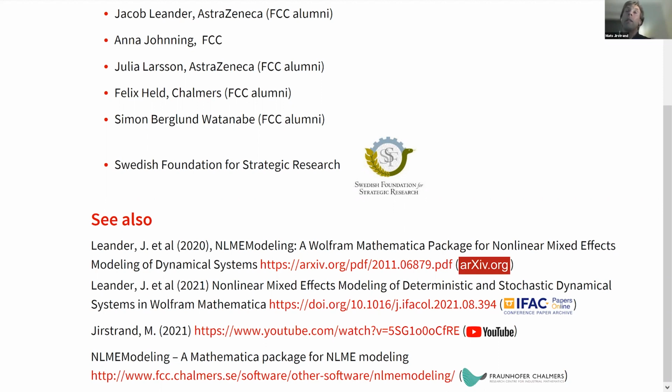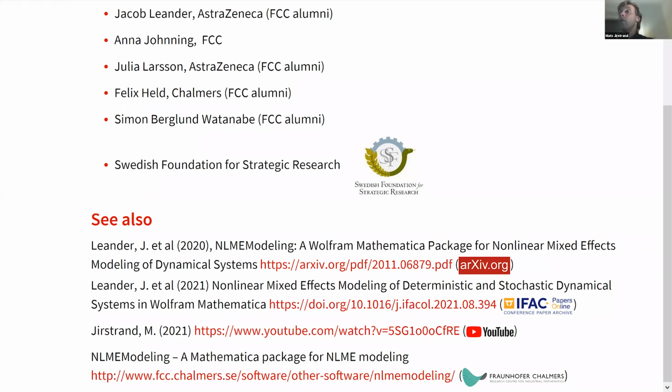Now NONMEM has included our method into that software, which is good, I think. But we still wanted to release this for Mathematica because we saw the benefit for people already working in Mathematica to have direct access to this.